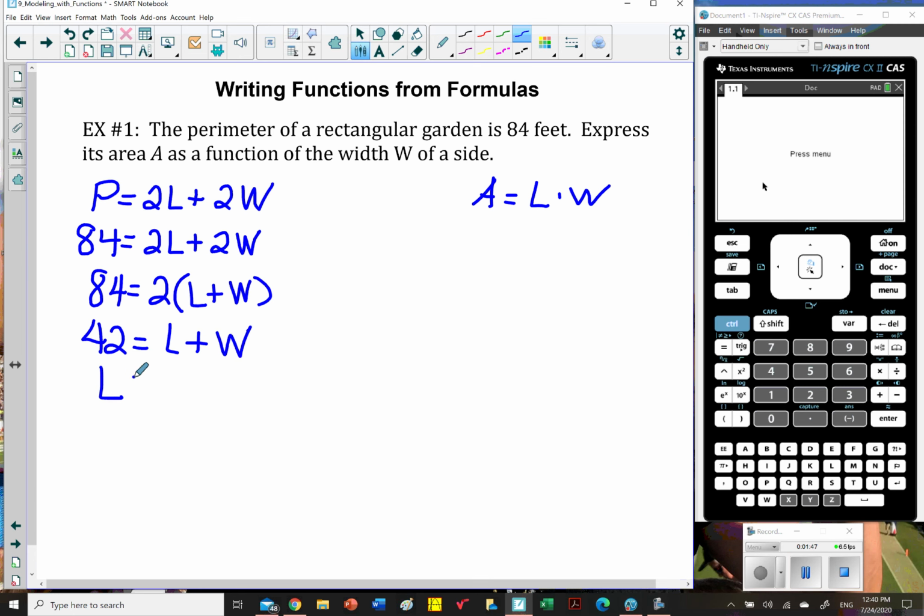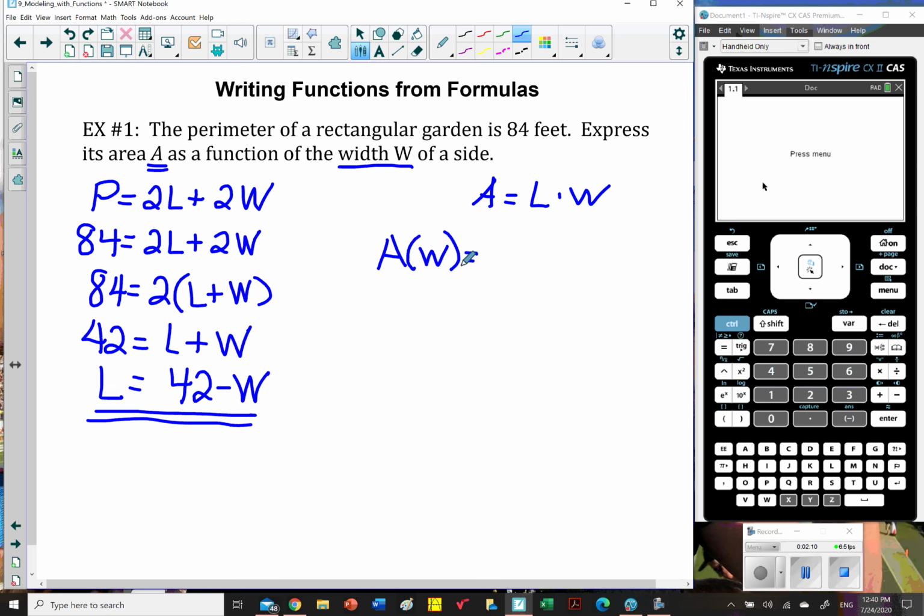They want us to write the area formula as a function of width, which means we need to isolate length and name length in terms of width. So the length would be 42 minus the width. This gives us a name for the length, and we're going to write the area in terms of width.